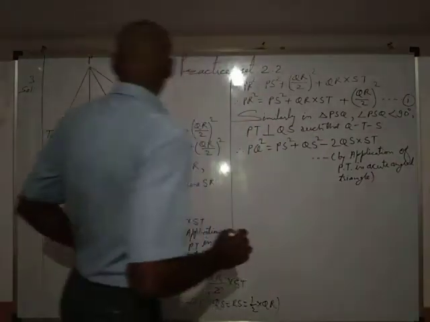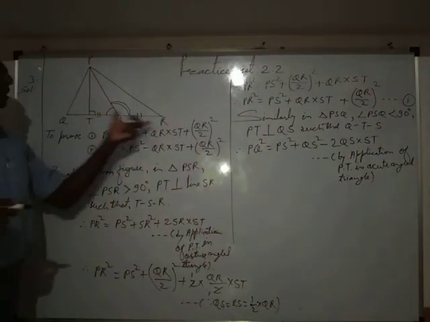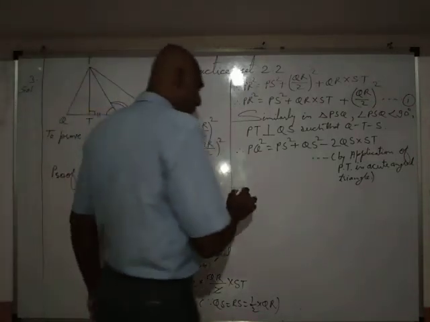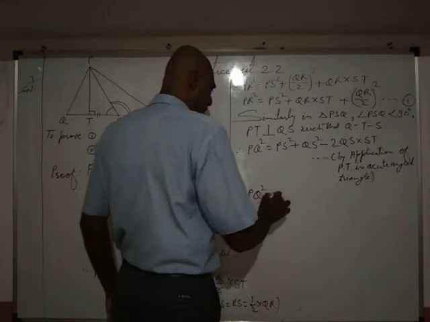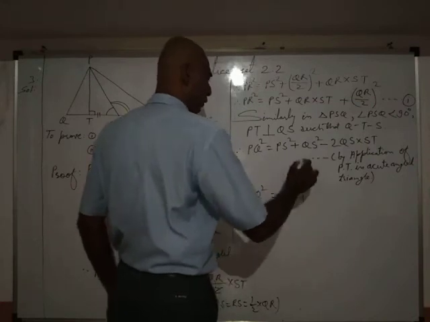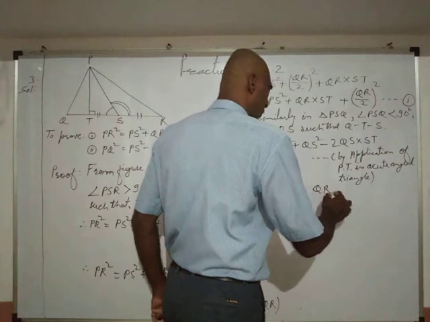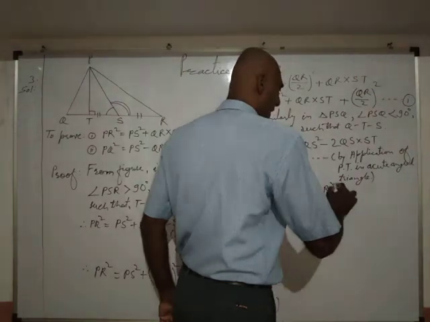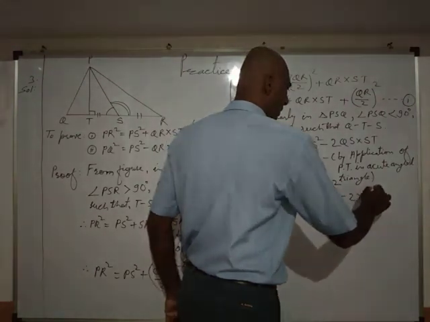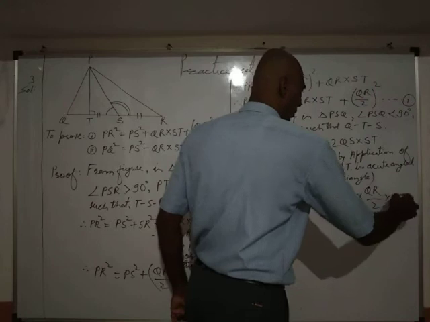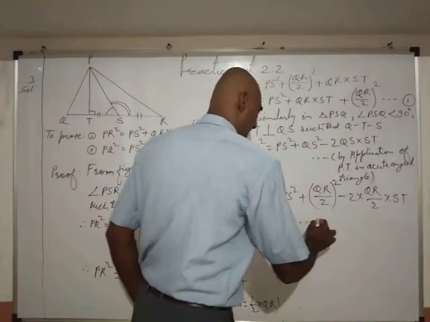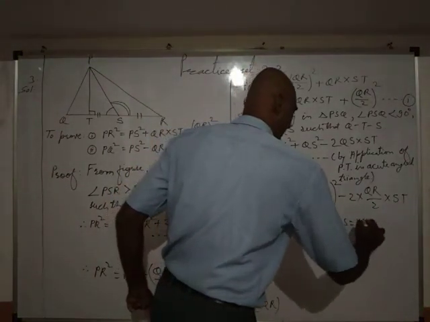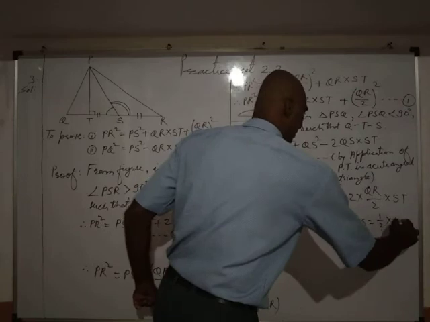Now again QS is a part of QR, which is half of QR. That's why we can write PQ square equals PS square plus QS as QR upon 2, QS square means (QR upon 2) its square, minus 2 into QR upon 2 into ST dash, since QS equals RS equals half of QR.